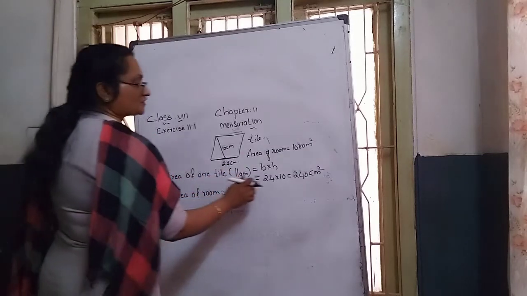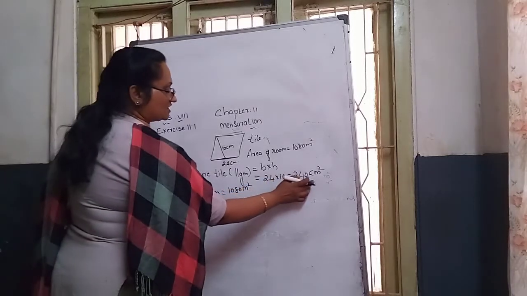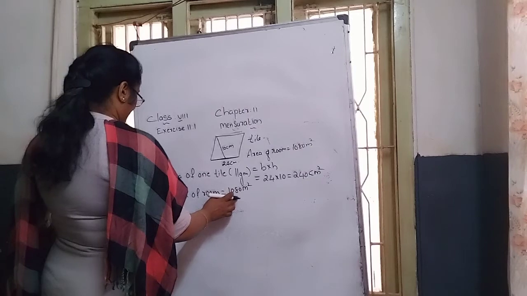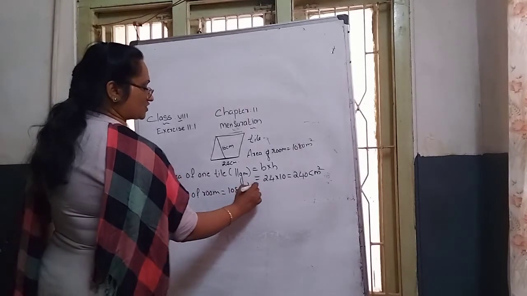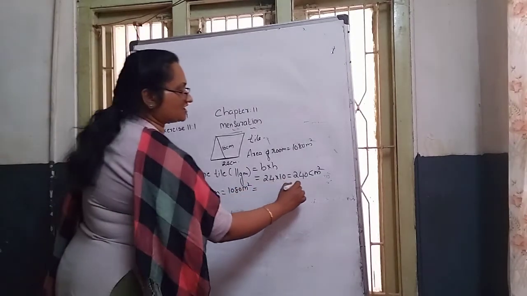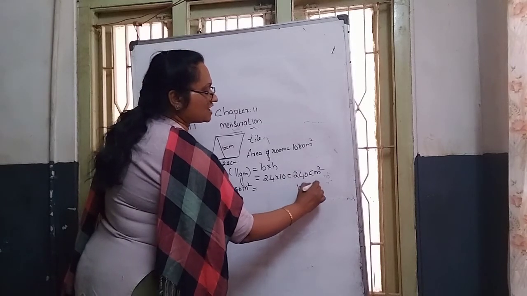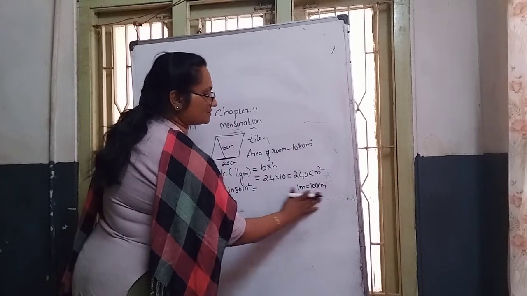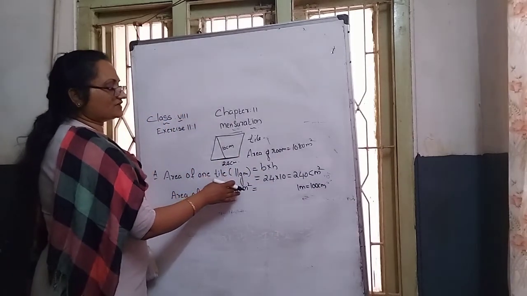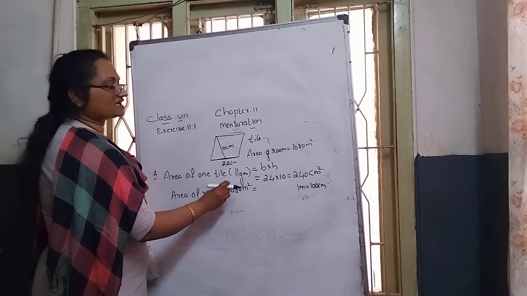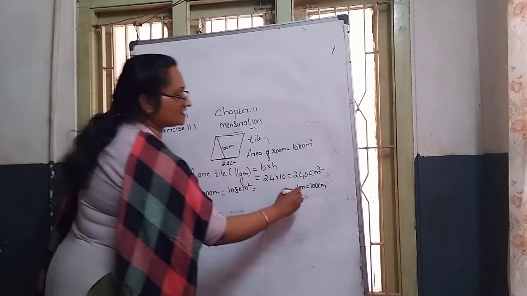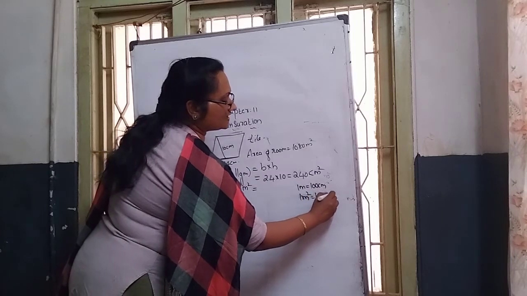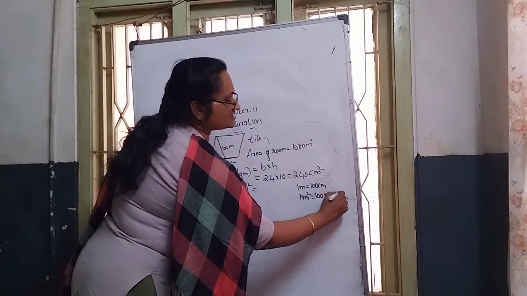Here see, the tile is in centimeter square and the room is in meter square. How to convert meter square to centimeter square? 1 meter contains 100 centimeters. So 1 meter square contains 100 into 100, which is 10,000 centimeter square.